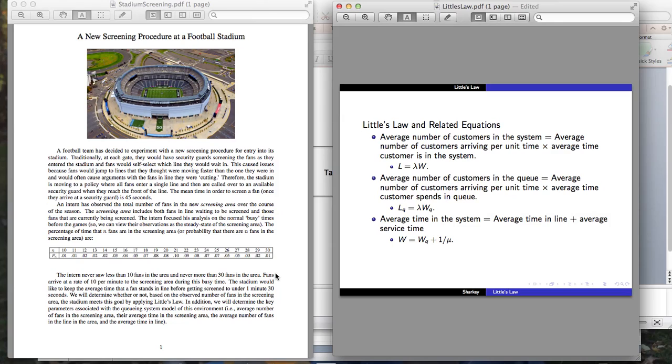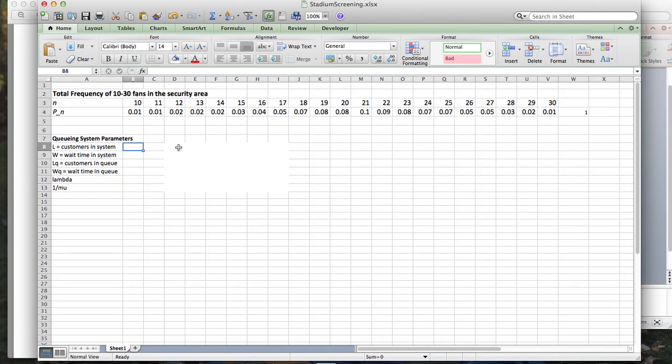So we can calculate L as the first step in our Little's Law calculations. Besides L being equal to lambda W, it can also be expressed as the sum across n of n times P of n. That's the basic way to calculate the expected number of customers in the queuing system based on knowing the probability distribution.